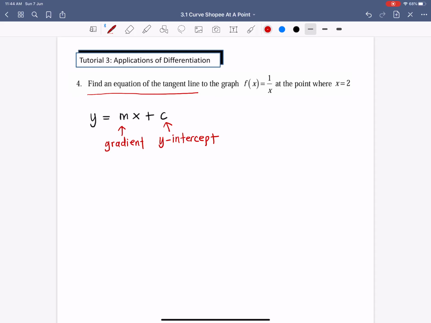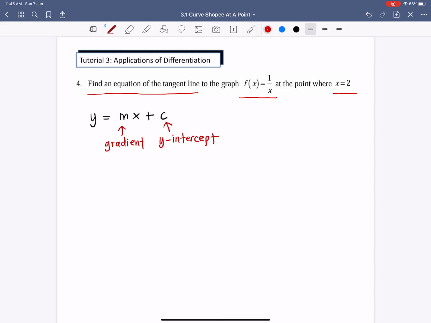And you are given that f(x) is equal to 1 over x, and we want to find the equation of the tangent line to the graph at the point where x is equal to 2.